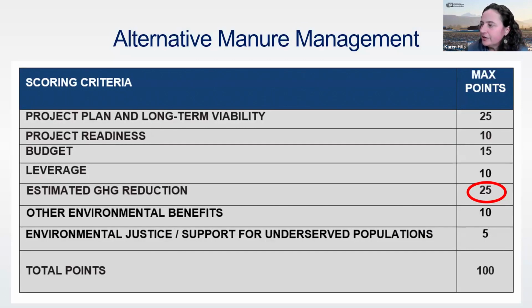in our advisory committee, we had a lot of discussions around which tool to use. There's a lot of different tools out there in the world that can be used to estimate greenhouse gas emissions from agricultural systems. And we landed on this CARB tool, the California Air Resources Board tool, for a number of reasons.